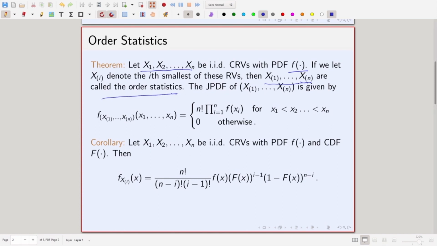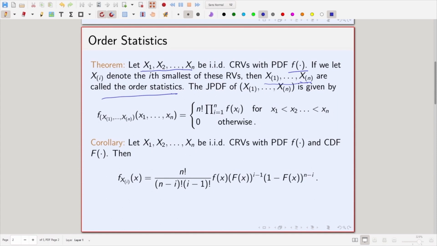So, you are looking at them from smallest to largest. That is basically the definition: given n IID continuous random variables, the order statistics is obtained if you order those random variables from smallest to largest.